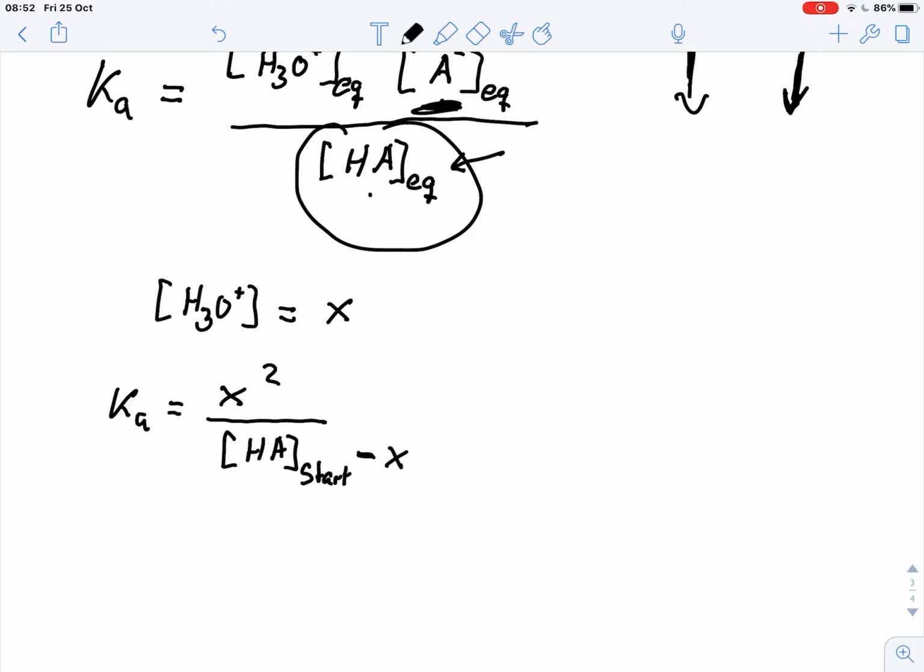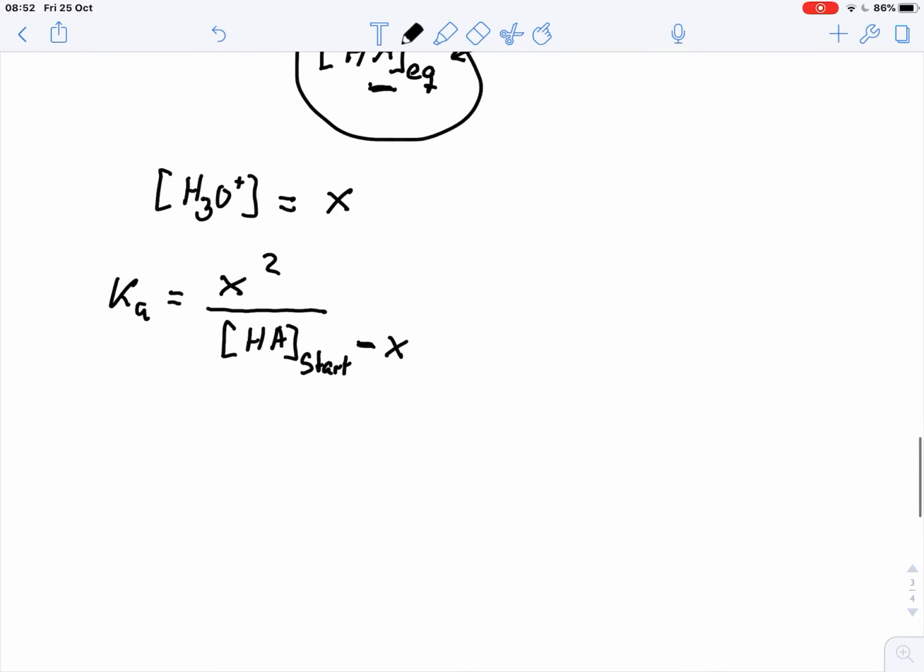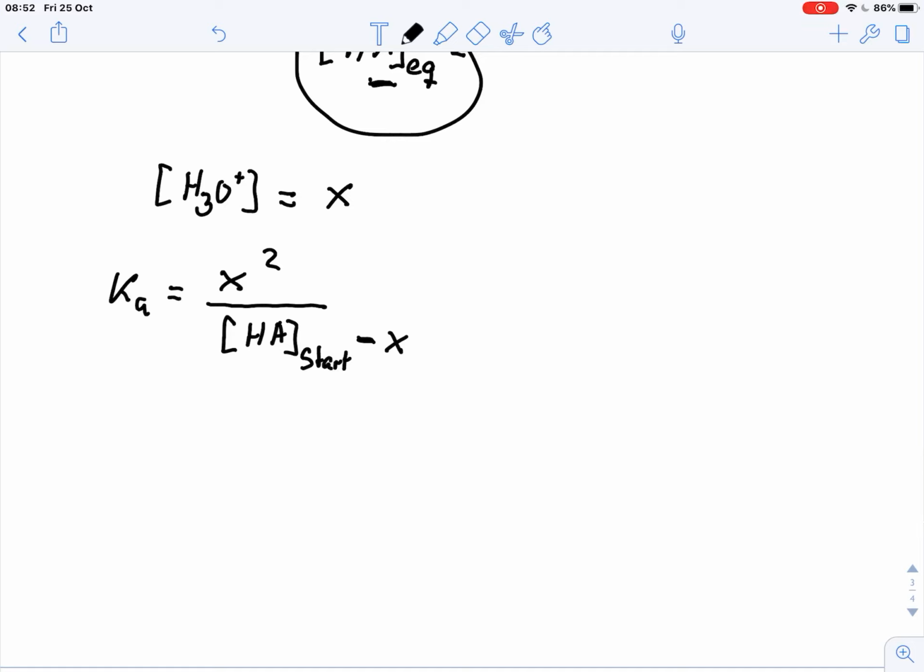That's basically everything that is left over after the acid has dissociated and produced the proton and the corresponding base. So what we have here is really a quadratic equation, and naturally we would try to solve for x. So what is x? What is our proton concentration in this case? Because we use the proton concentration in order to calculate pH.